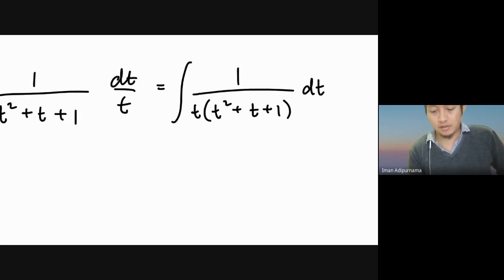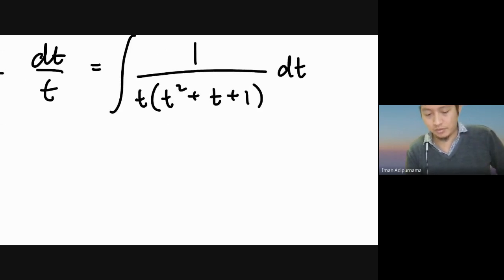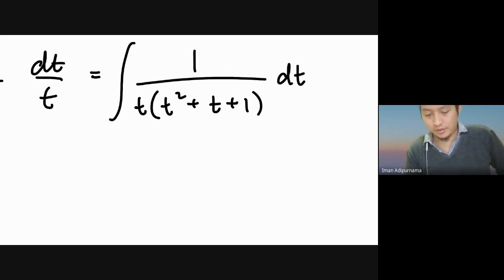But the problem now arises since we can see clearly from this quadratic function, I think we cannot factorize this, right? We cannot factorize. So what do we do now?